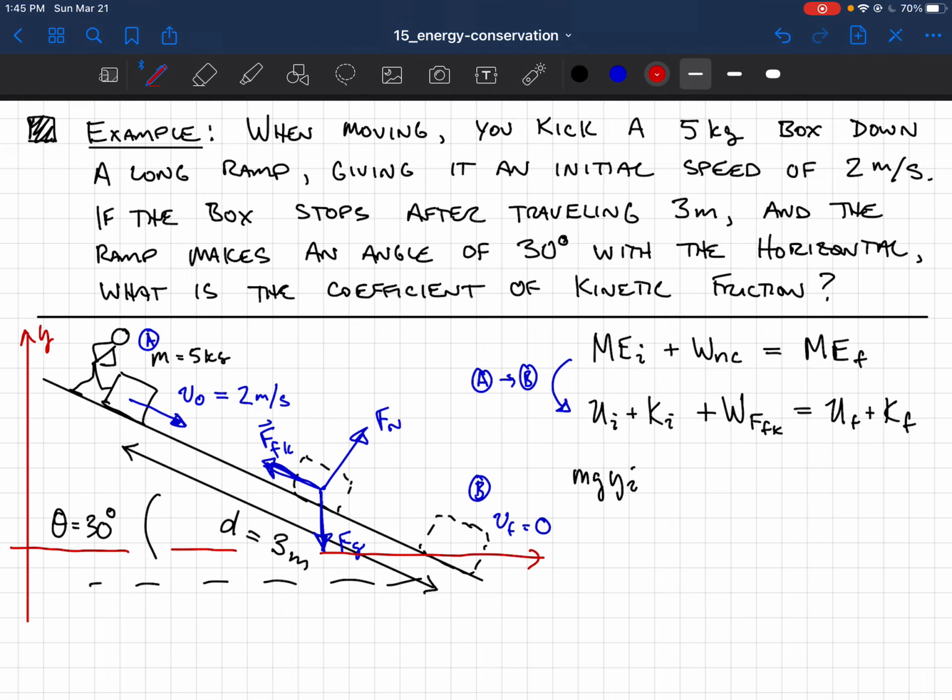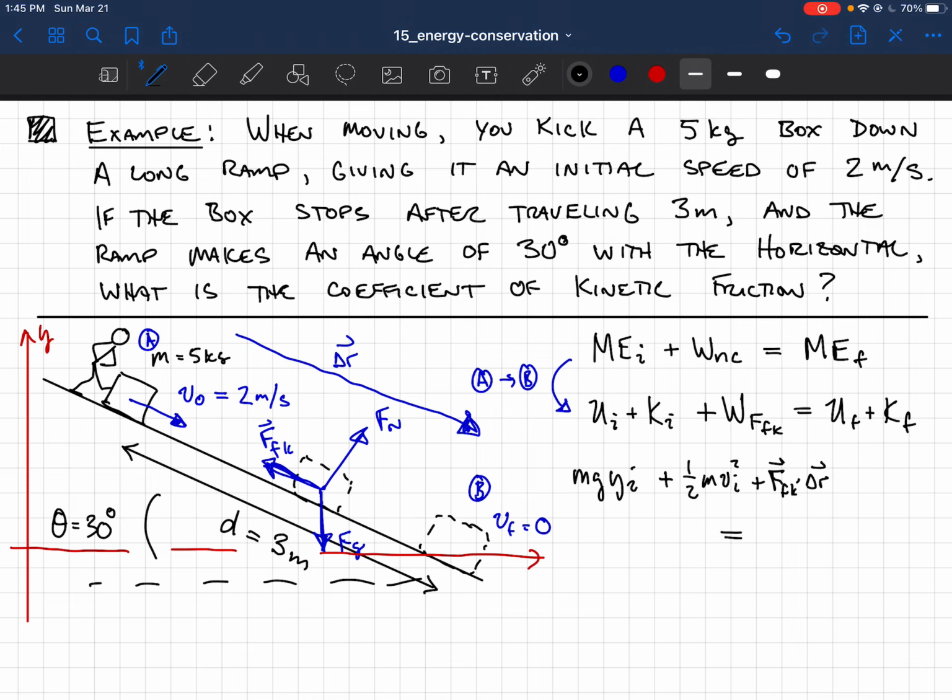So I choose it so that the box in the final position is at y is equal to 0. So I've chosen my coordinate system now. Kinetic initial is 1/2 mv initial squared. Work done by the force of friction, well, that's going to be equal to the force of friction vector dotted with the delta r vector, which I guess I should draw. So that's this vector here, delta r.